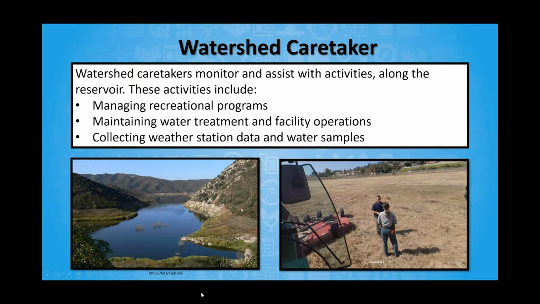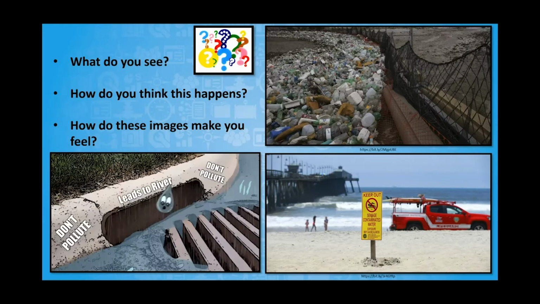Here you're seeing a watershed caretaker in action, making decisions about some area of land that they need to work on around this reservoir where our water may come from. These watershed caretakers might maintain water treatment facility operations, but they also do a lot of data testing and take water samples. So there's a lot of science and work behind it as well. That's pretty cool. You just took on one of those tasks as a watershed caretaker.